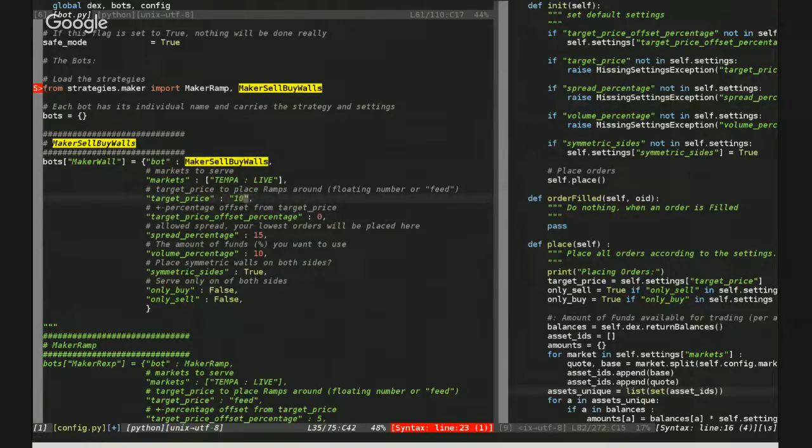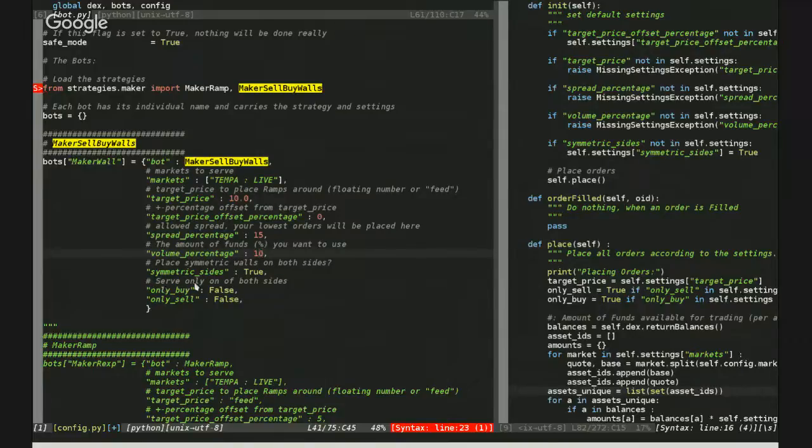for like 5% or something. Here we have our fixed price of 10.0. We have a spread over here. It will put an order on spread, half on the bid and half on the ask side, plus minus around the target price. There's also something about the volume that we want to sell. It's like 10% of the assets available in my account for these two assets.